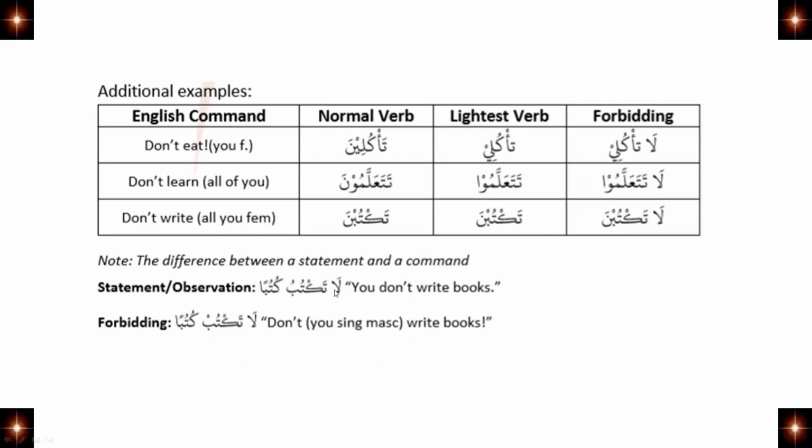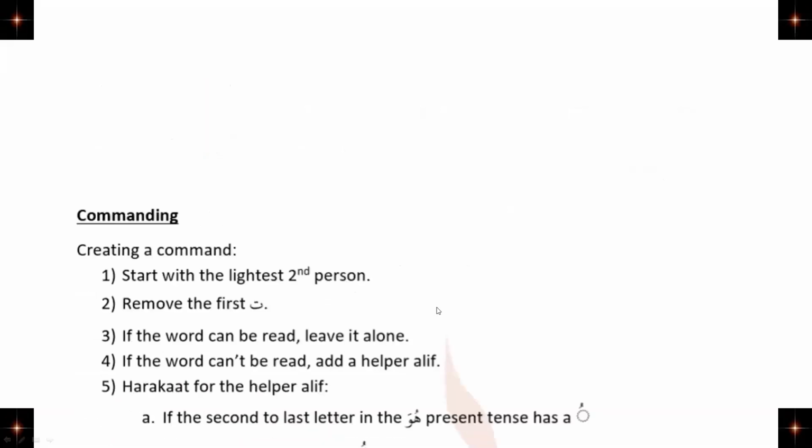How do I identify the la an-nafiya? It does not affect the fi'l mudari. But la an-nahiya, the la that prohibits or forbids, it makes the fi'l mudari majzoom. That means it makes it lightest. So this one is for forbidden and this one is for negation. That's what I said there.